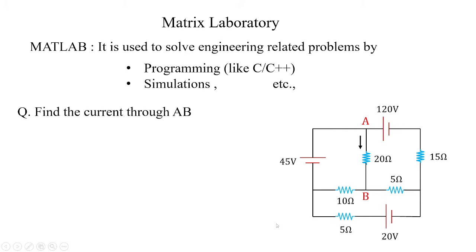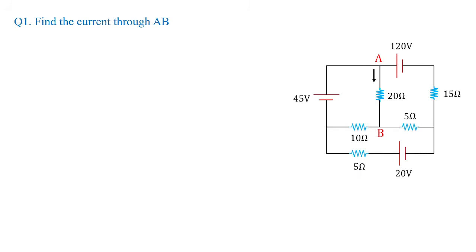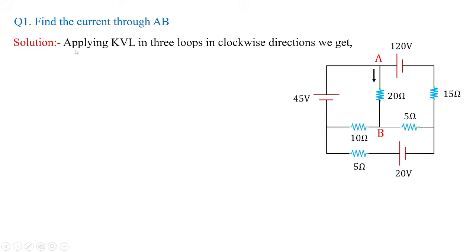So you should know the actual procedure to solve the circuit in order to obtain the current, and then we can take the help of MATLAB in order to solve this particular problem. Finding the current through AB is the interest over here, and we can solve using mesh analysis, node analysis, or network theorems. Here we are going to apply mesh analysis by taking the help of KVL.